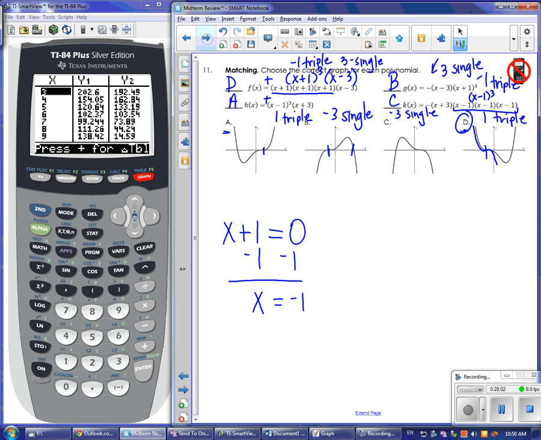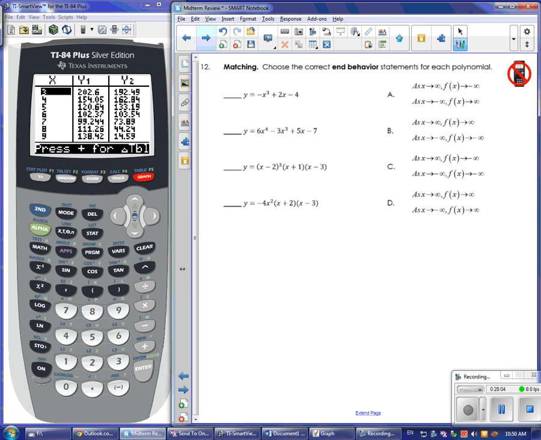All right. Number 12 is another matching one, and it's dealing with end behavior. I want you to be really careful with this problem, though. If you look at the right-hand side, where we're looking at the behavior of the graph, notice that the first statement is talking about x approaching positive infinity.